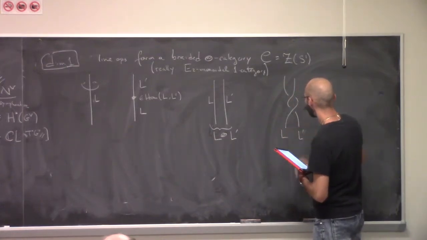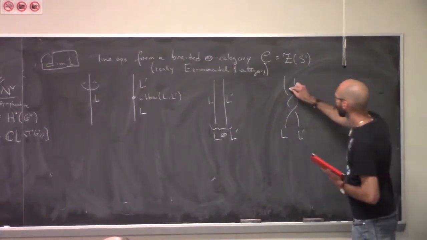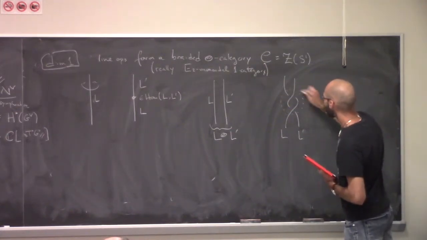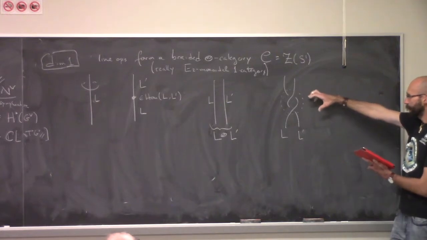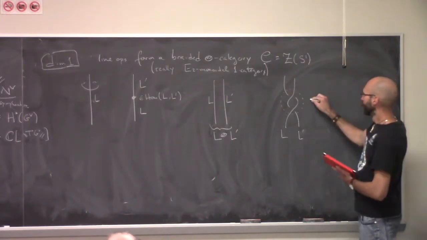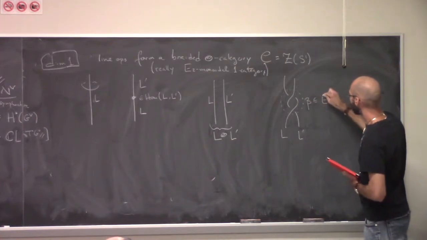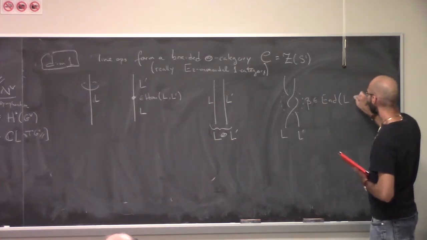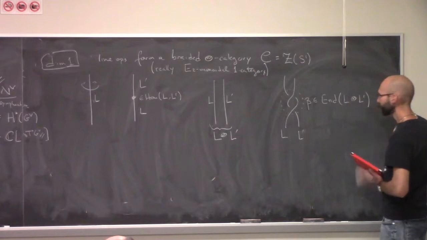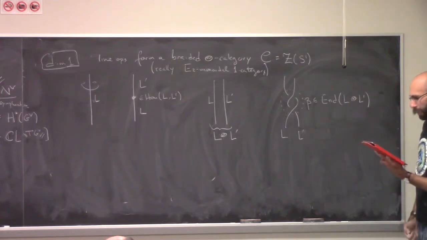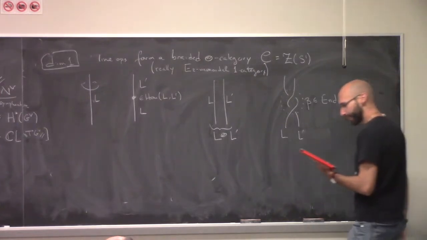So if we have L and L prime, we can braid them. This is some local operator in endomorphisms of the tensor product. Moreover, there's a canonical object.